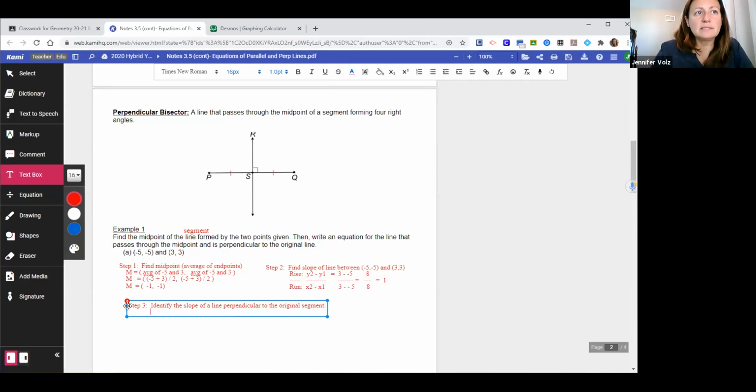So in this case, the slope has to be opposite reciprocal of positive 1. Because we're trying to write an equation for a line that's perpendicular to that and goes through the midpoint of negative 1, negative 1. Okay. The opposite reciprocal of positive 1 would be negative 1 over 1, which is also just negative 1.